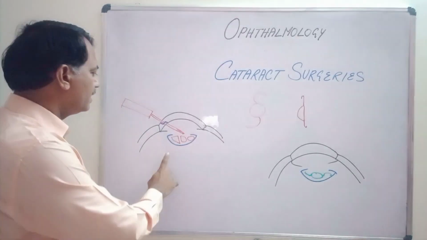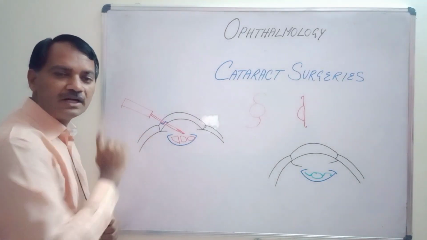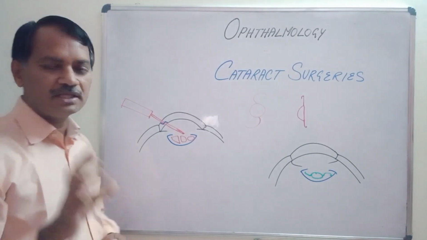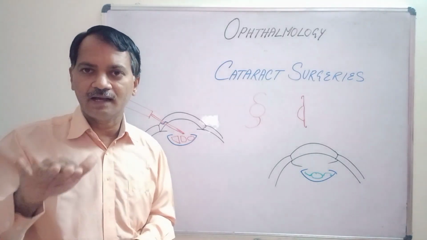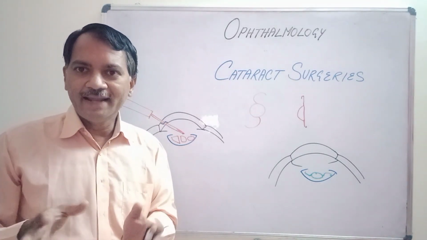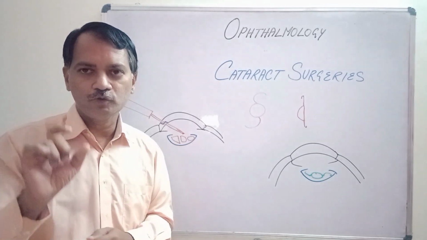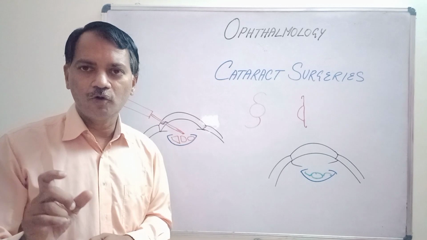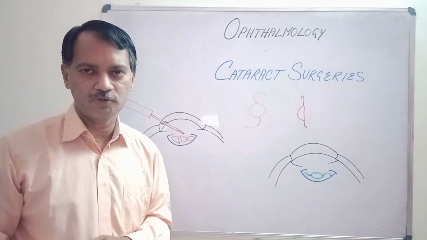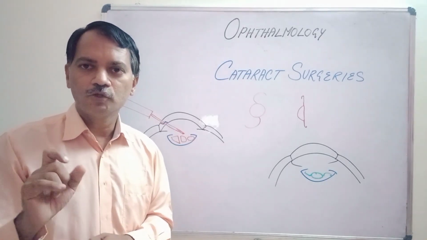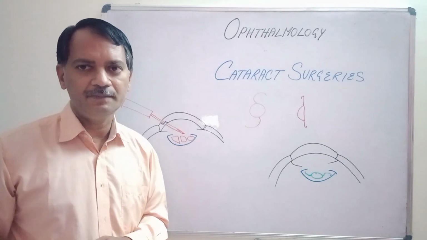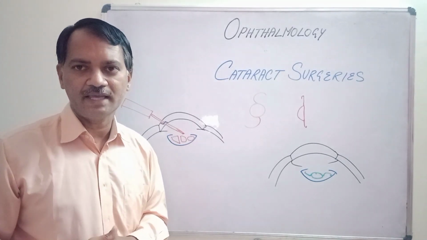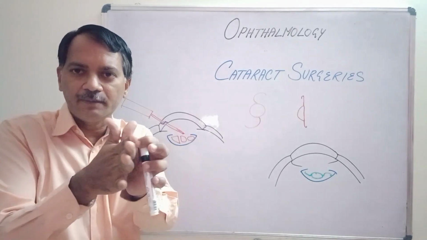But here we are making only a 3.5 mm wide incision, so it is not possible to insert a full lens IOL into the eye through that wound. The diameter of the IOL is about 6.5 millimeters, so it is not possible to enter a 3.5 millimeter wound. So we need a special type of IOL in this case, called a foldable IOL.